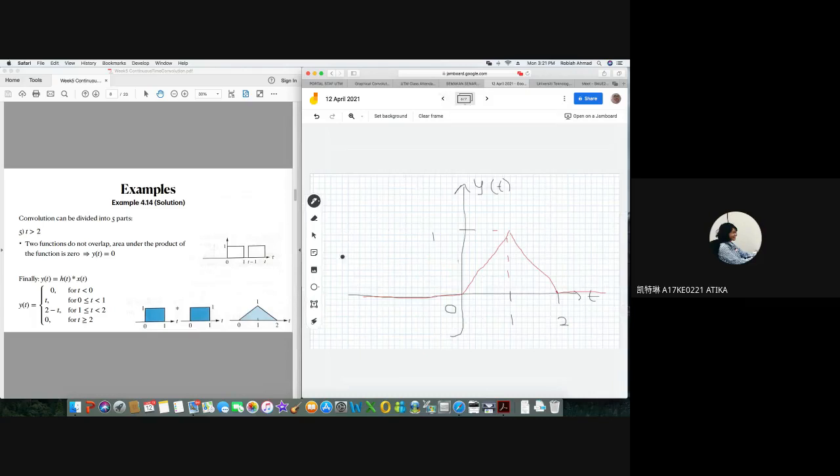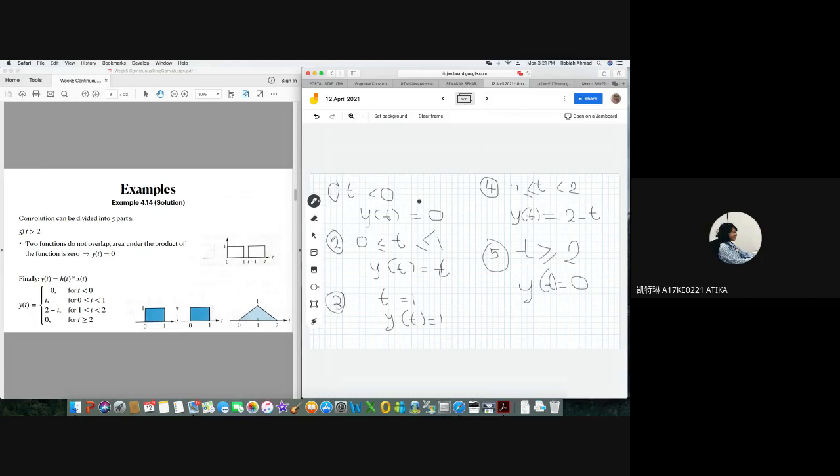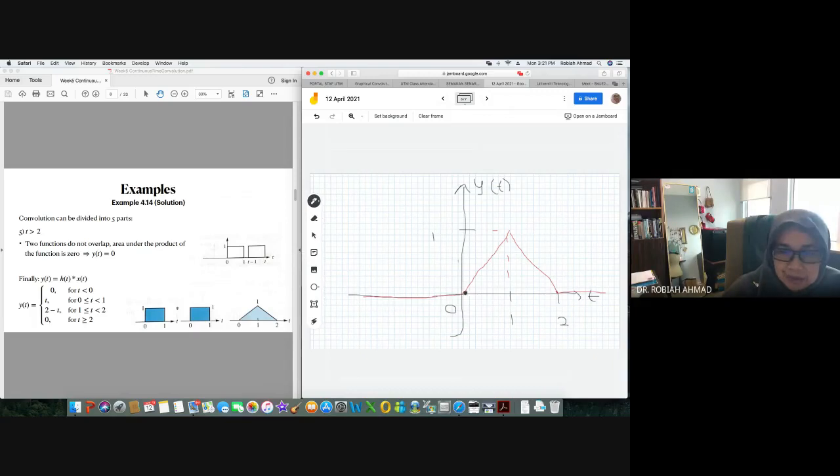Ni yang saya maksud bila kita dah combinekan, when this condition is satisfied, all these 5 cases, and then kita combinekan dia lah. This is when t less than 0, this is when t between 0 to 1, and then t equal to 1, t between 1 to 2, and t more than 2. This is what I mean, the whole YT response.